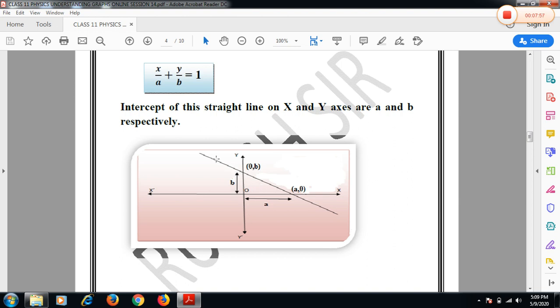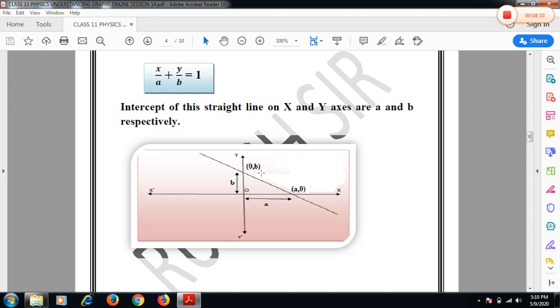Here, this straight line makes an intercept a on the x-axis, and b is the intercept made by this straight line with the y-axis. The line cuts the x-axis at the point (a, 0) and intersects the y-axis at (0, b), which is quite obvious, right?